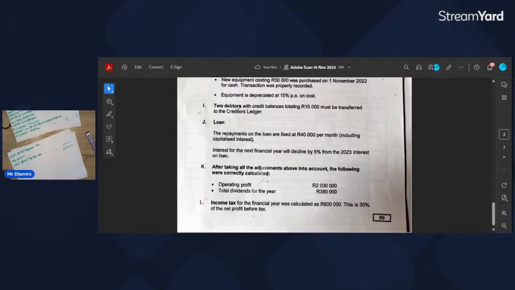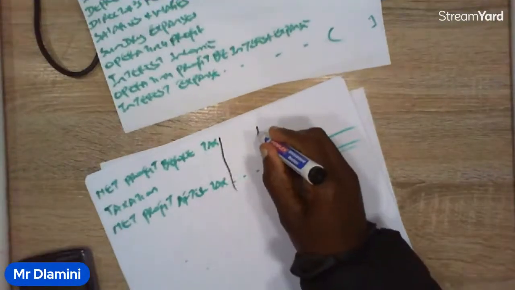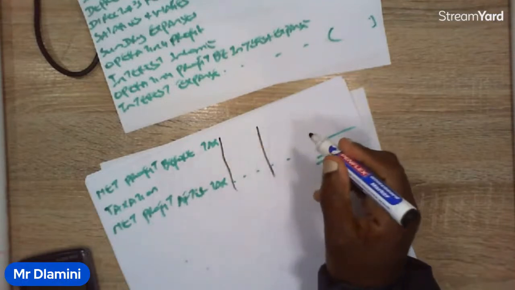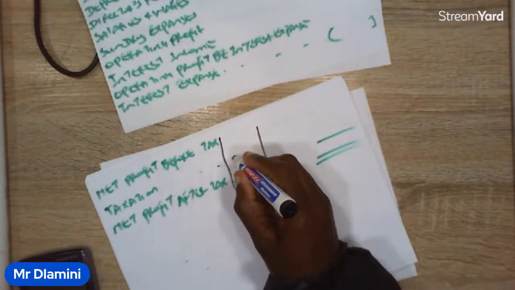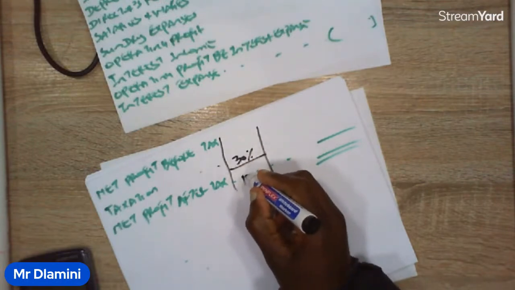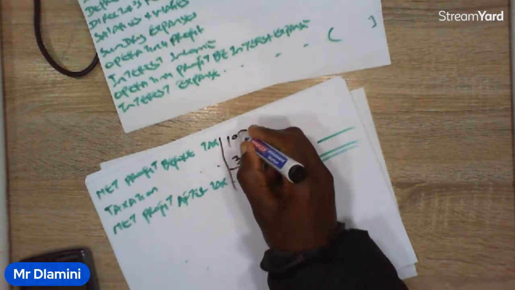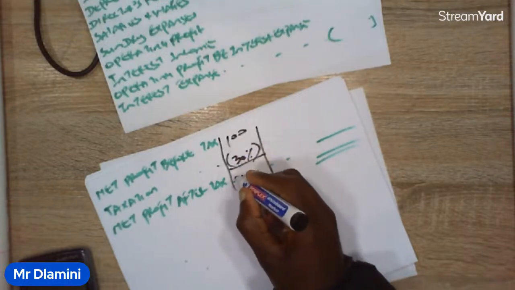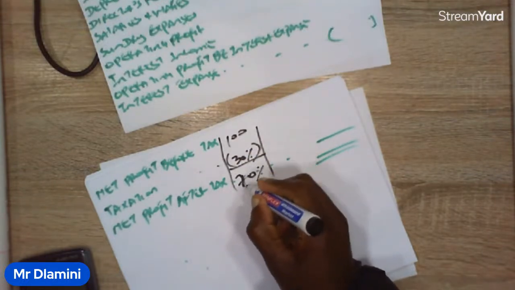So we're given a taxation figure, so it's easy now. Our taxation is 30%, which means the net profit before tax was sitting at 100%, so here it is 70% in the profit after tax.